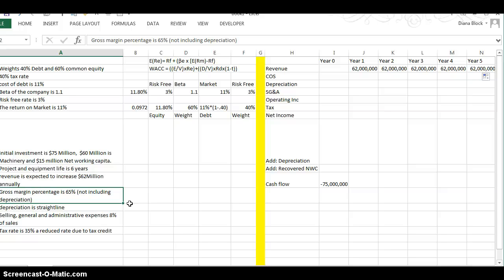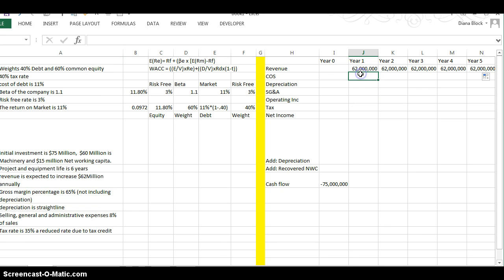If you'll remember from your previous finance or accounting courses, revenue minus the cost of sales gives you your gross margin. So if gross margin is 65% of sales, that means the cost of goods sold is 35% of sales. So we can determine what our cost of goods sold is for each year by taking our revenue and multiplying that times 0.35.